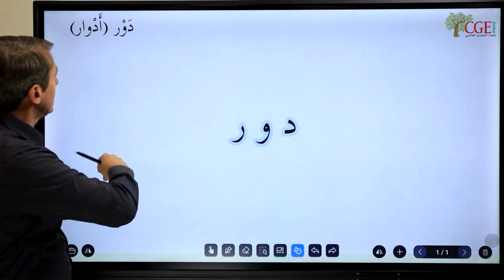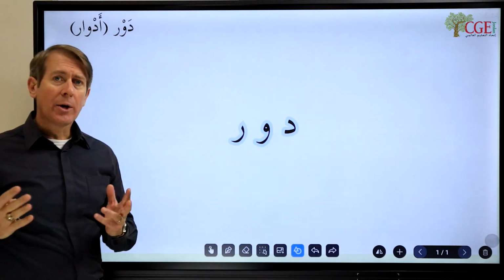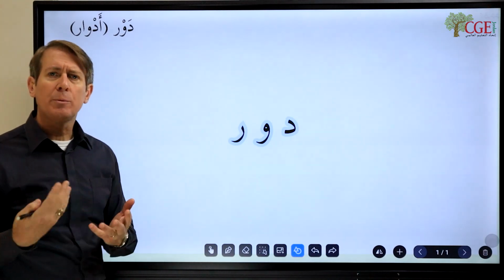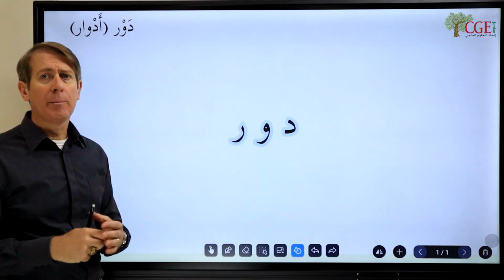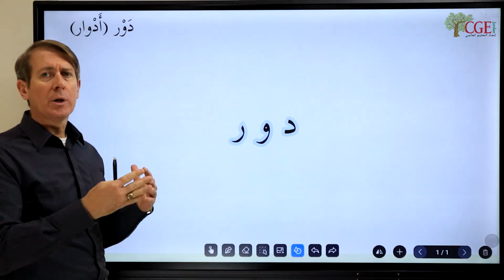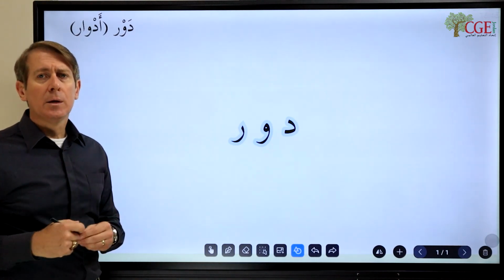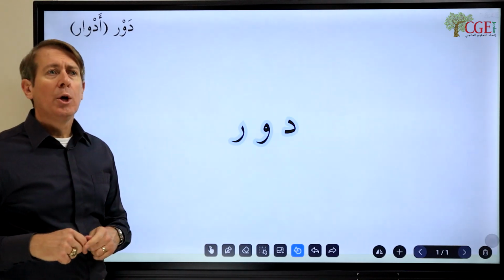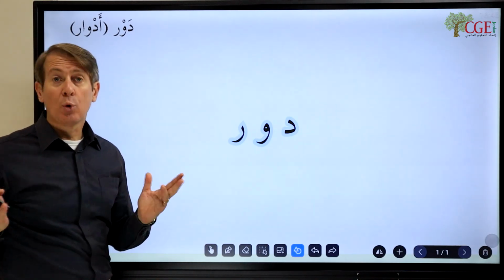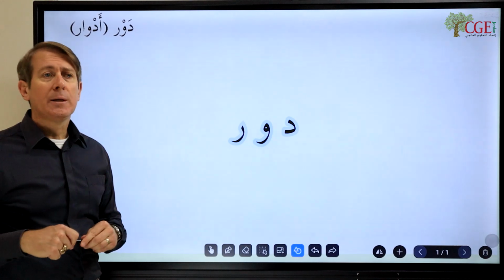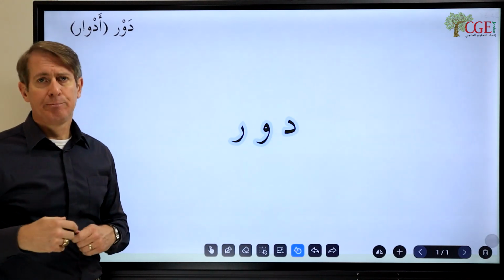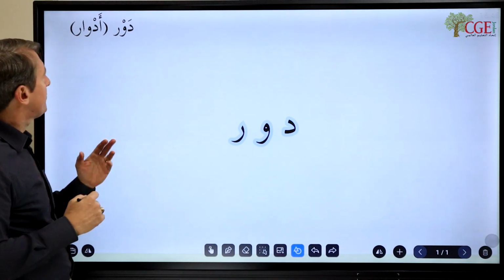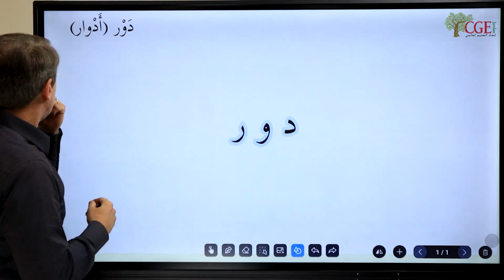Dor, or adwar, rounds, could mean this is the first round, for example, الدور الأول بالمباراة التنس. Or you could say الدور الخامس بكأس العالم. That would be in the World Cup, the fifth round in the World Cup. So that's what that means.